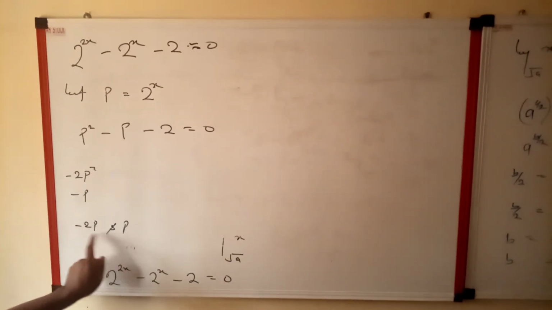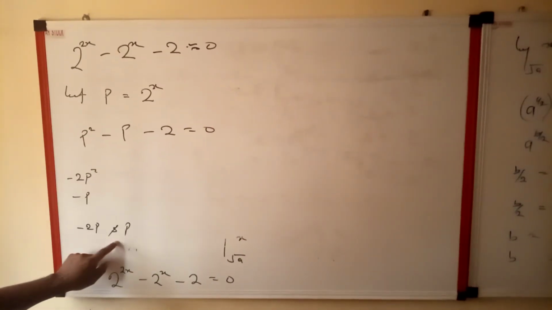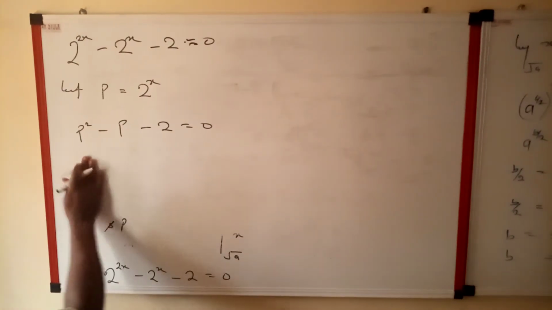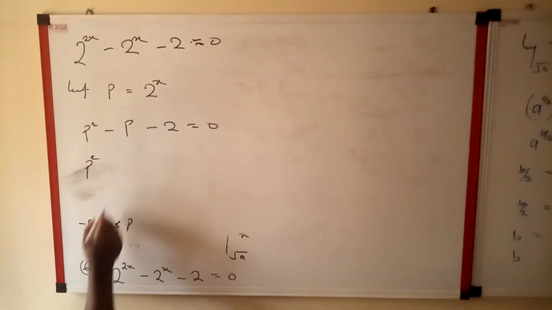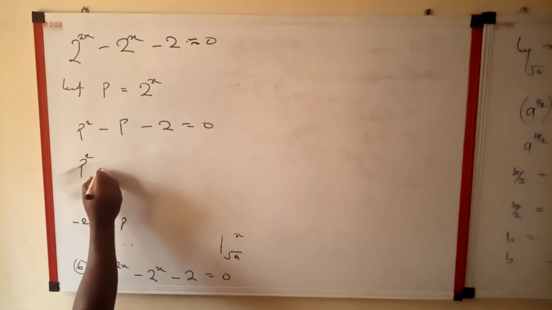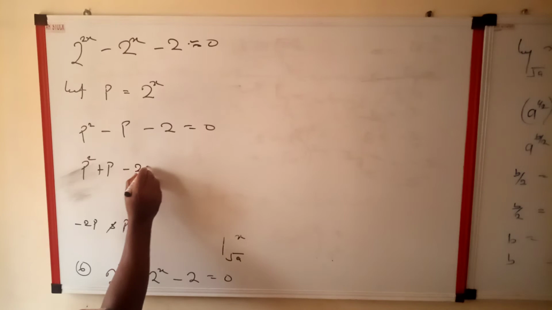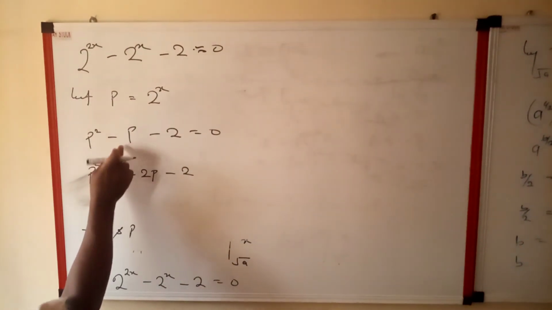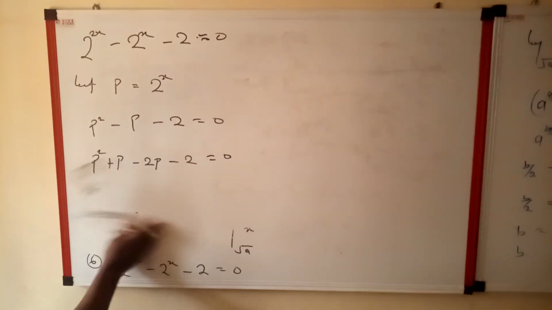So these are the two numbers that we need. When we multiply, it will give us this, and when we add them, it will give us this. So if that is true, all that we need to write now is p squared, and in place of this we introduce p minus 2p minus 2, so that this one gives us this entity, minus 2 equals 0.